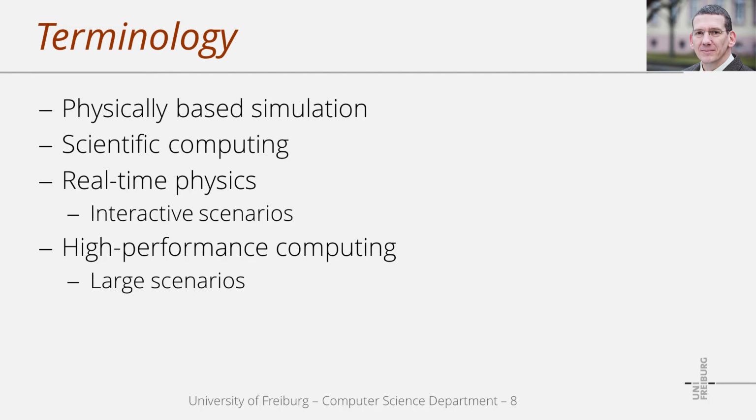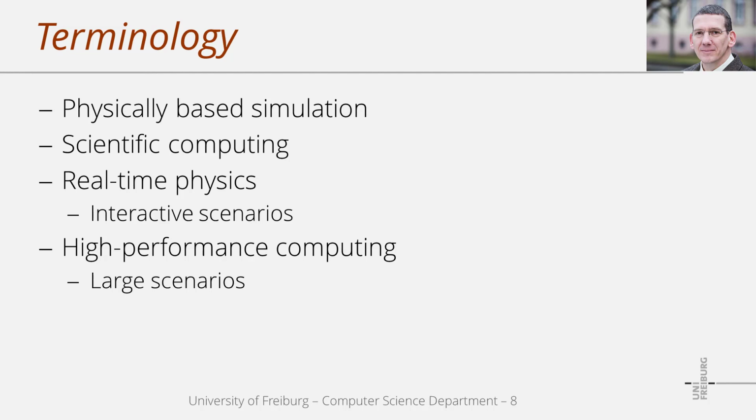Simulation research in computer graphics is often referred to as physically based simulation. Sometimes it's also called animation, but typically animation refers to scripted, user-specified motion sequences, in contrast to simulations where governing equations and realistic forces are used to obtain physically based results.